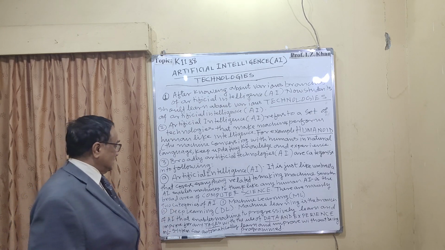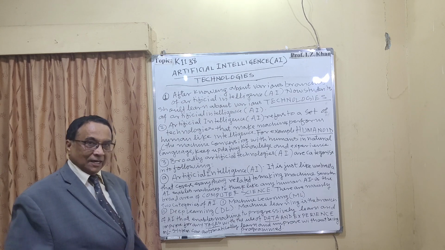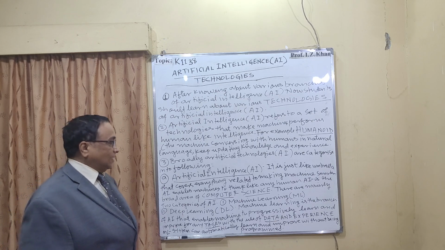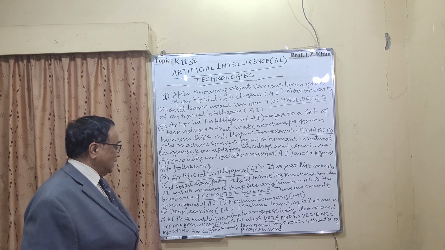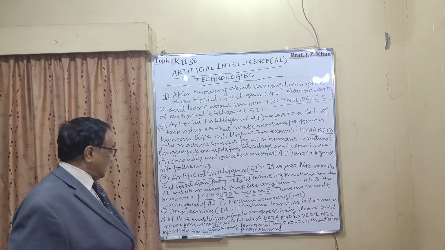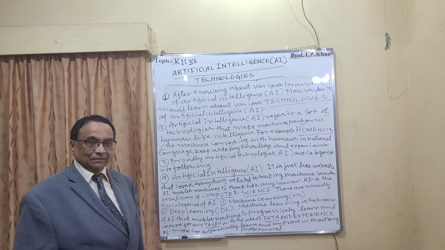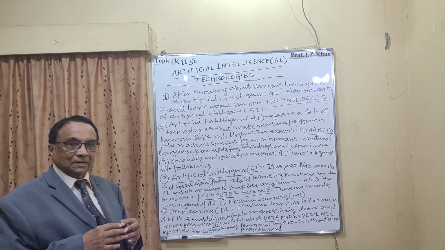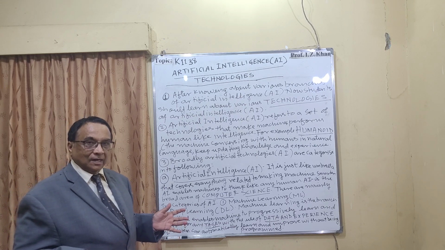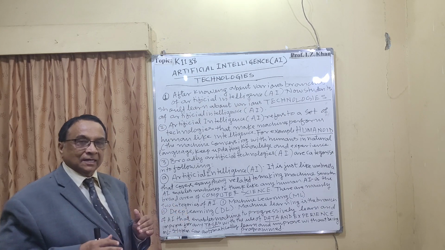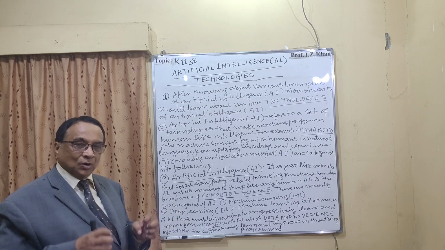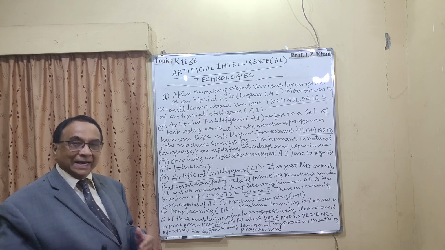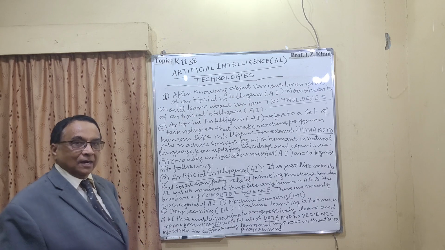Machine learning is the branch of AI technology that enables machines to progressively learn and improve for any task. So machine learning, that subset of AI, is where the machine becomes more and more smart, so that it can do any task which is given to it.